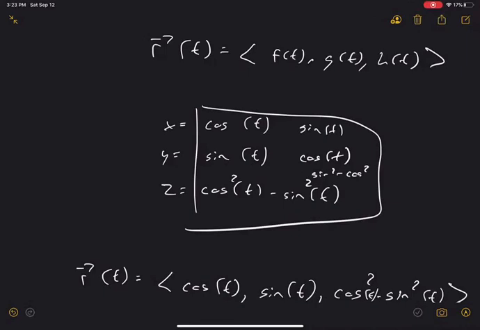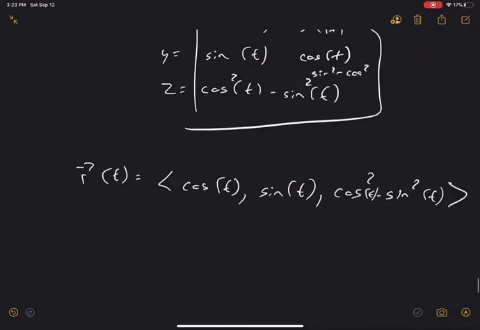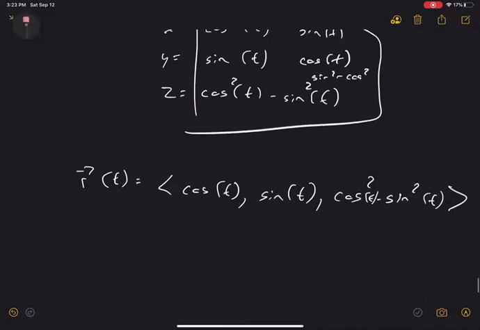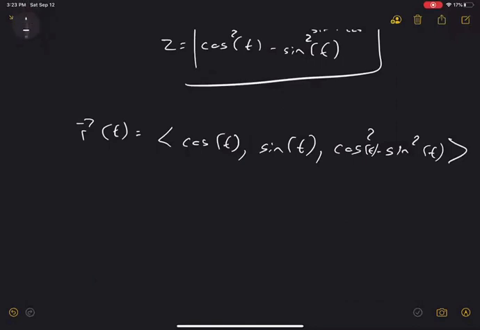It does, but the book uses the identity. The book writes cosine 2t instead of cosine squared minus sine squared. This is the same as cosine 2t.